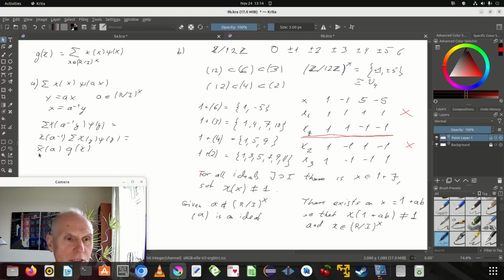When A fails to lie in the multiplicative group, this vanishes. So we really have to show that the sum vanishes.